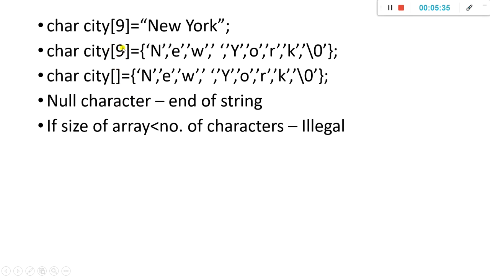If I have given the size as 15 and I am storing just New York, okay, New York is just 8 characters, and then the other spaces, that is 15 spaces we have allotted for this particular array, but the rest of the remaining 6 locations are free. We don't have anything. So how will we know where this particular string ends? So in order to show that soon after k, this string is ending, you have to give this null character soon after the last character. Fine. So null character is used to represent the end of the string.